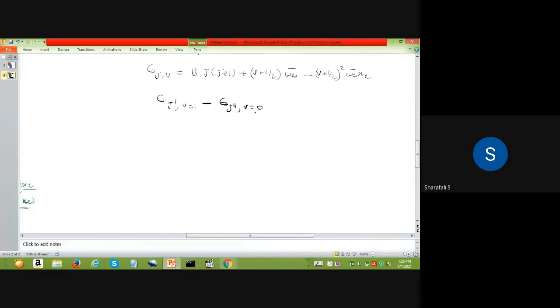Sorry, J double dash is the lower one. So this is the delta epsilon.